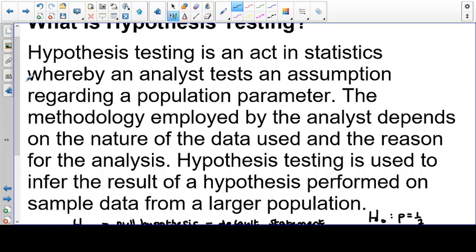We might want to find something out about that population, so we might take a sample. So let's say we took 50 students from the population of 2,000 and we measured their height and weight, and we plotted a scatter graph and we worked out the PMCC, and let's say we got a PMCC of 0.8. So based on our sample of 50 students, that sample is telling us that there is strong positive correlation between height and weight of our students. Okay?